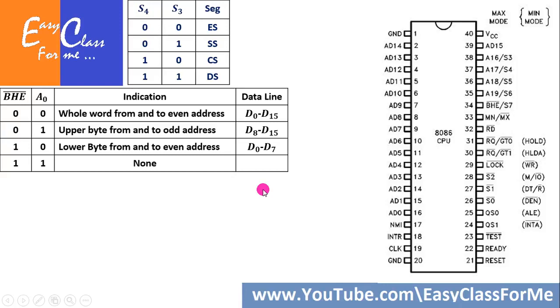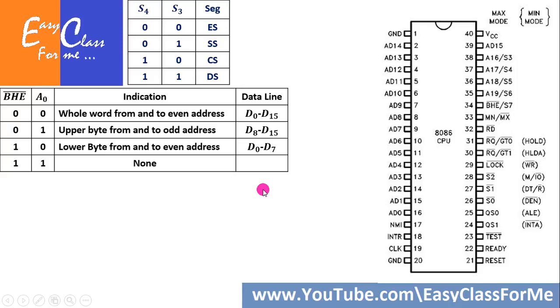If we start accessing memory from an even address, then in one go we can access 2 consecutive bytes of the memory to have a 16-bit word which is transferred from the memory to the microprocessor, or in the reverse direction. But if you start from an odd address, there is a complication: you can access only 1 byte of the memory at one particular time.